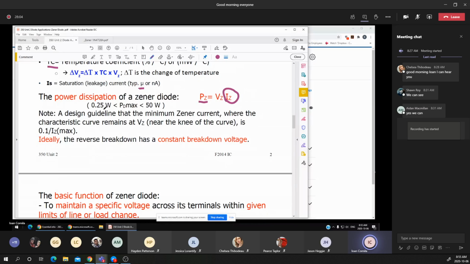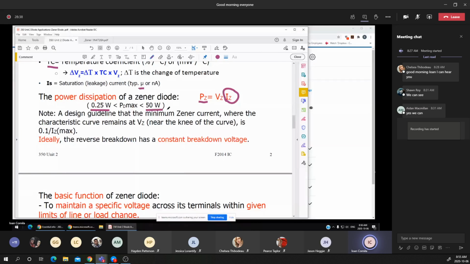In terms of power, the zener diode comes in small power ratings like 0.25 watts. That's basically an SMD. The zener diode that looks like the one that we did in lab, like 1N4005, is a 0.5 or a 1 watt.